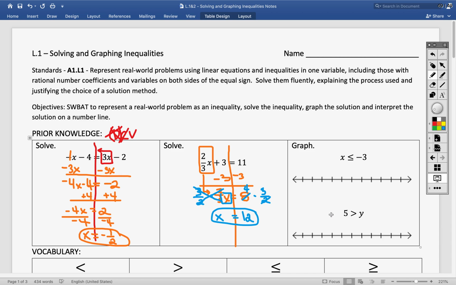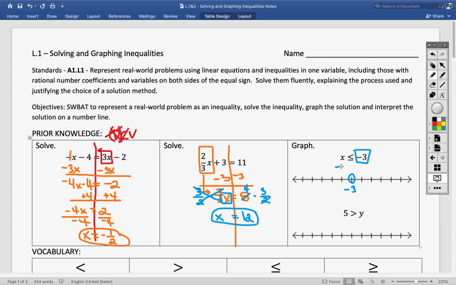Okay, and then the last one that's in prior knowledge, again, this is all review. The first thing I want you to do when you see a line like this is, when you have just a single number, put it in the center. Now, always put a circle on the line, not above the line, on the line.